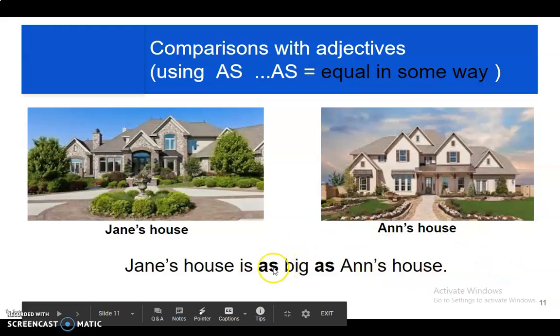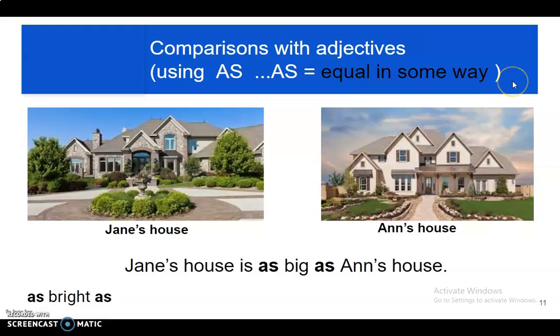When you use this form, the adjective comes in the middle and you use the base form, not bigger or the biggest, the base form, big. Other examples are as bright as, as safe as, as convenient as, as quiet as.